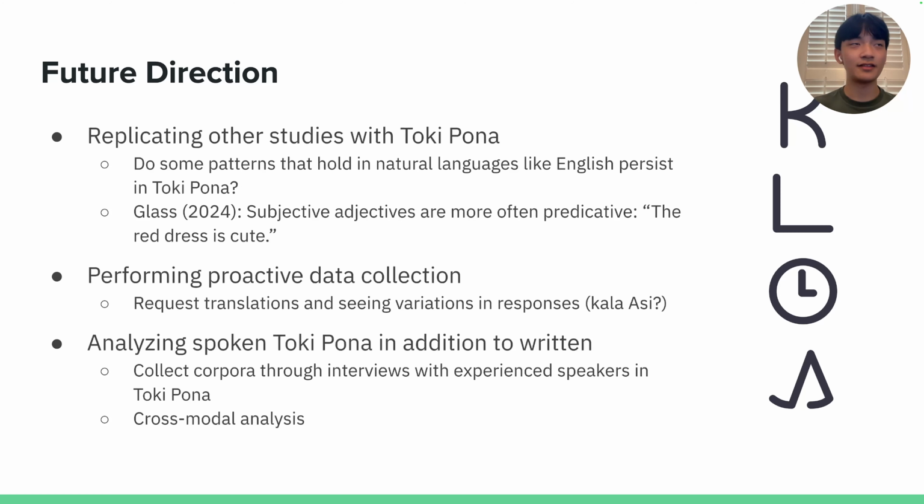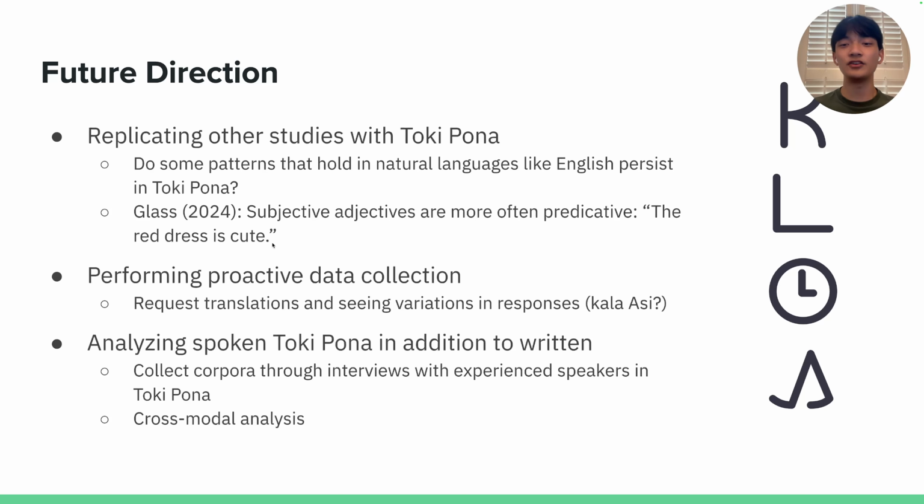Some future things that I'd like to do with this is replicating some other studies. With this corpus and this parsing tool, I think it'd be really interesting to see if other English patterns persist in Toki Pona. One of my professors in the fall semester wrote a paper on how subjective adjectives are likely to be predicative, whereas more objective adjectives are more likely to be attributive.